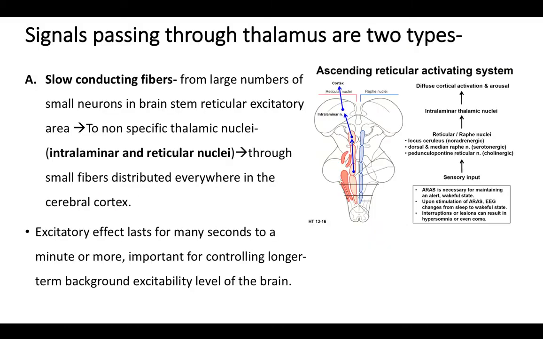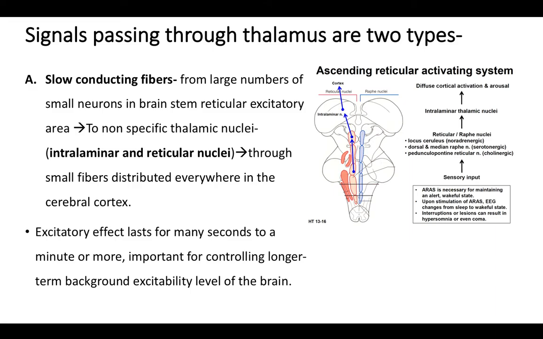Now let us come to the pathway as such. The ascending projections originating from the reticular formation, that is nothing but your bulbofacilitatory area, pass to the thalamus and then to the cortex. Now it passes through the thalamus by two types of fibers: slow conducting fibers and fast conducting fibers.